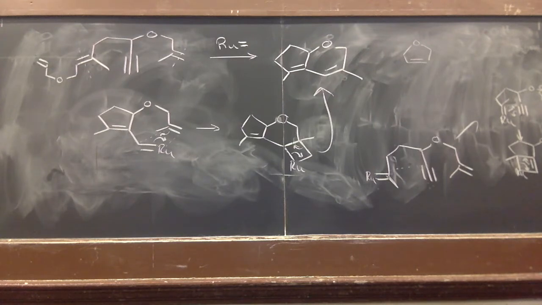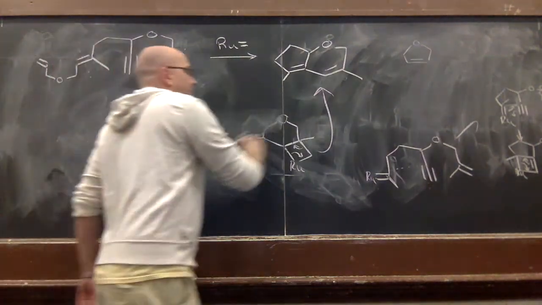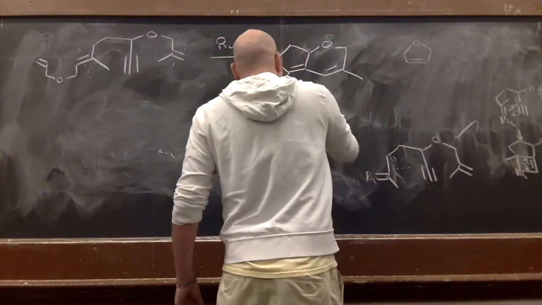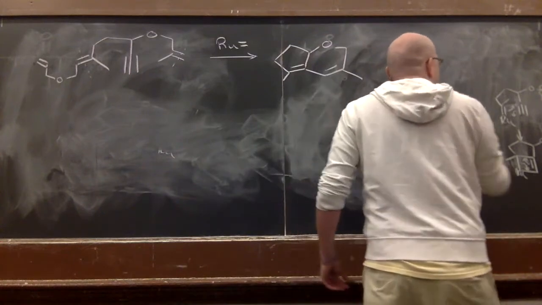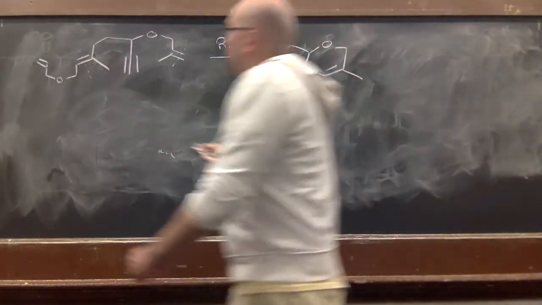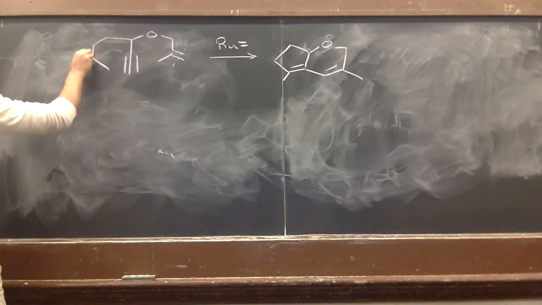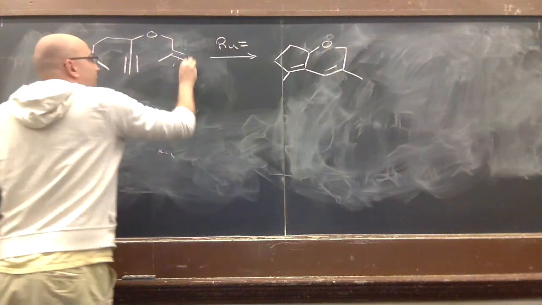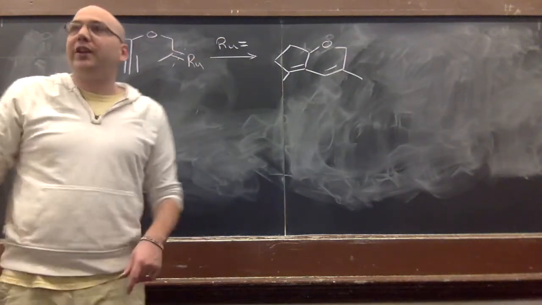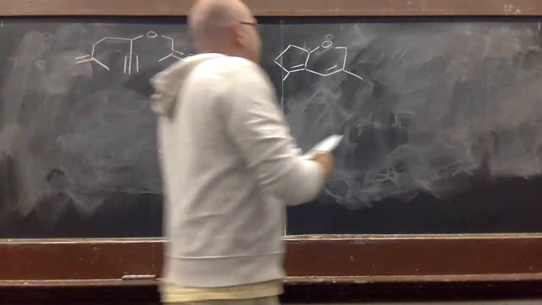Okay, so what about the other way? In the other case, I'm just going to try and go through this one a little bit quicker, and I'll take a quick shortcut here. The other metathesis that we had was one whereby the ruthenium alkylidene ended up on this side, so we'll just glance over the relay part of it, and we'll just start here for now.